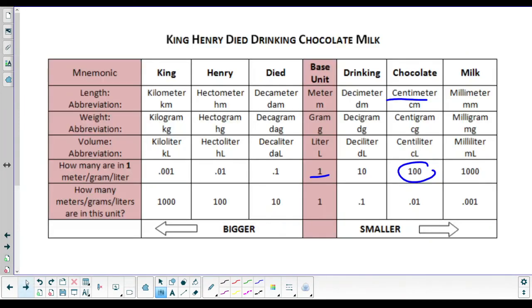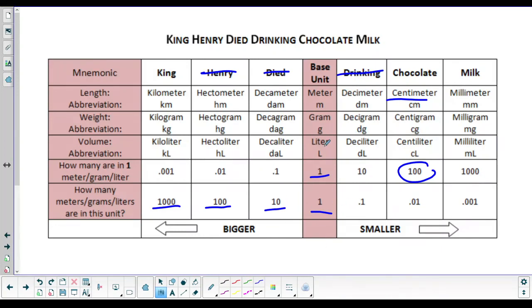Okay. So here's that chart one more time, just in case you didn't get it. Again, kilo, there's 1,000 kilos in 1 base unit. We don't often use hecto or deca or deci, really, but centi, milli. I might throw these on your homework just because. So hecto is 100, deca is 10.